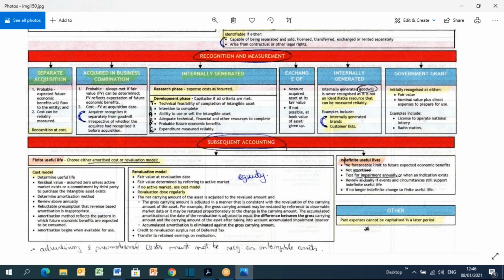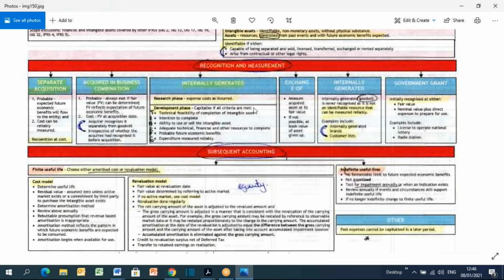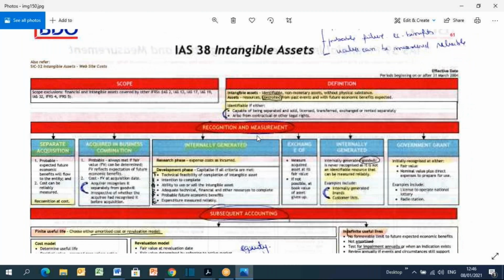Indefinite assets are tested for impairment annually or when there is an indication, and they're not amortized. On the other hand, if you use a finite useful life, you either use the cost model or the revaluation model. So this is what you should remember from this standard.